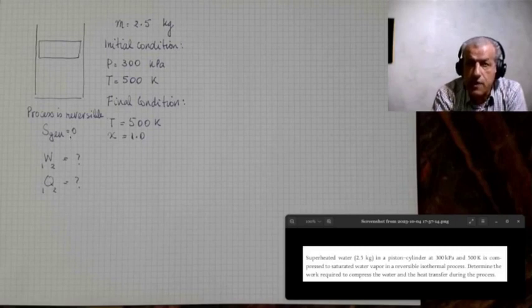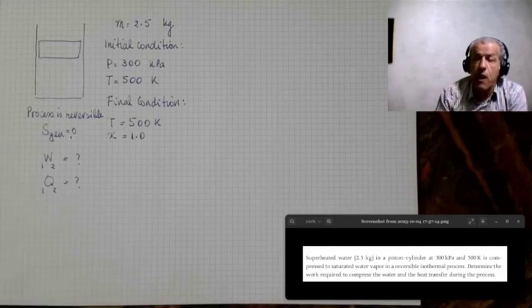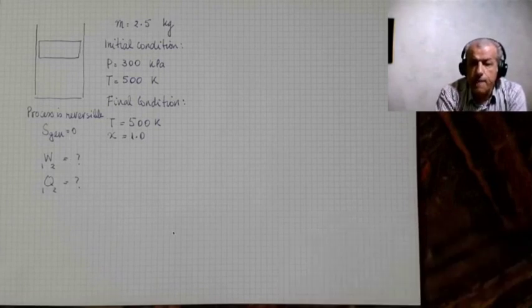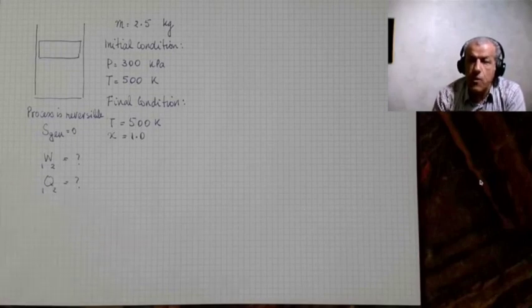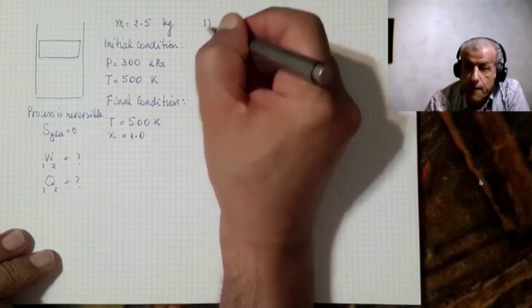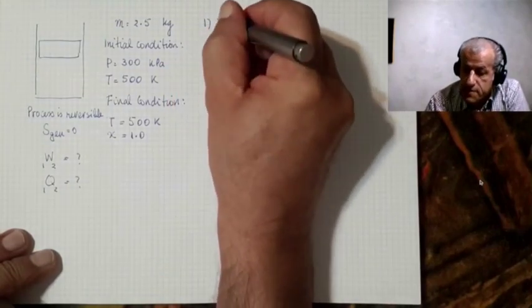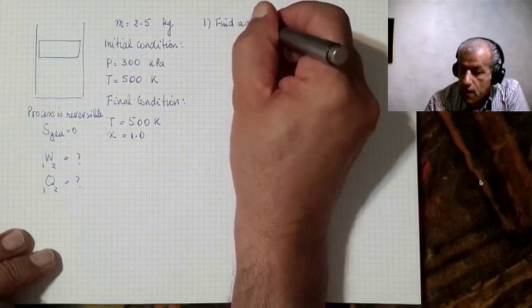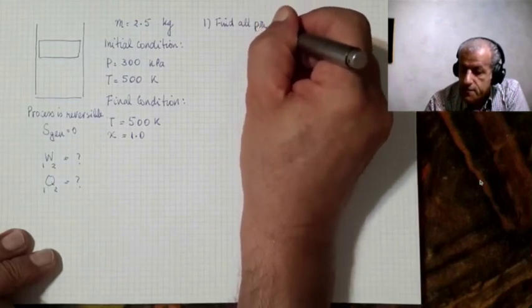to calculate all the steps that I have said, and now I repeat. Those steps are: one, find all properties.